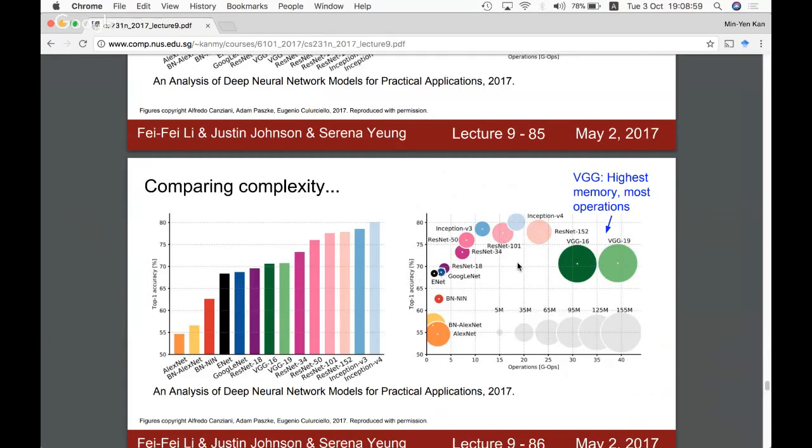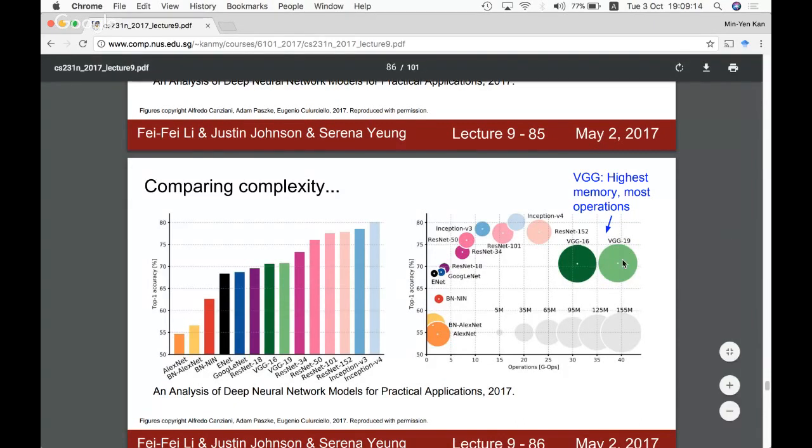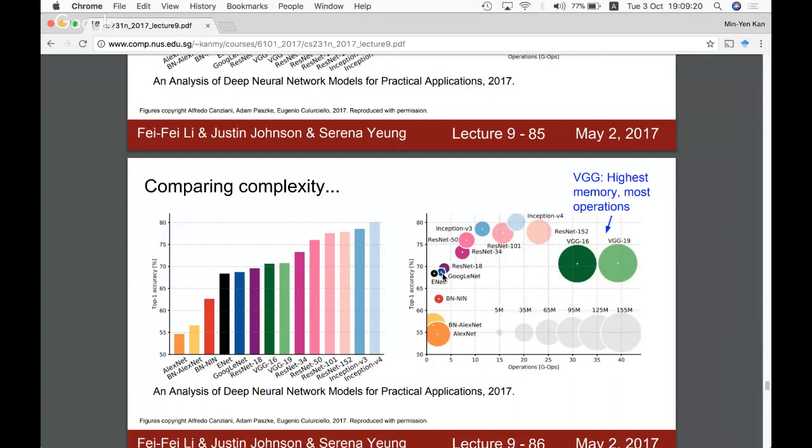You can see that VGG has the most operations and the most memory, and in 2014 GoogleNet won. If you compare GoogleNet and VGG, there is a huge difference in the number of operations for the same accuracy level.